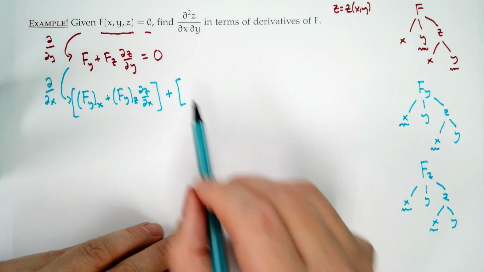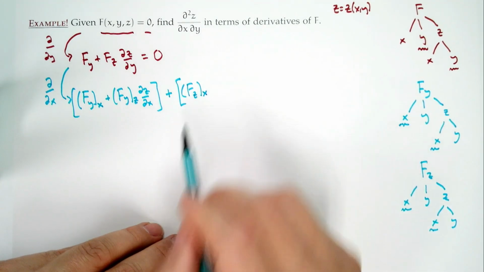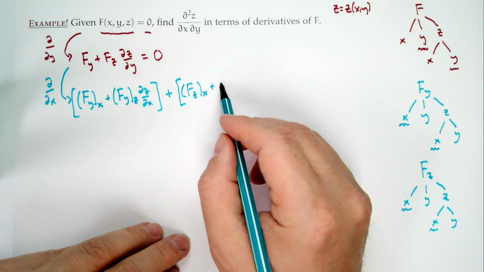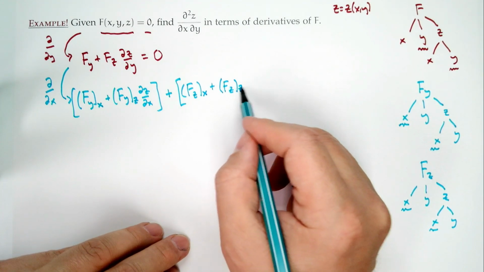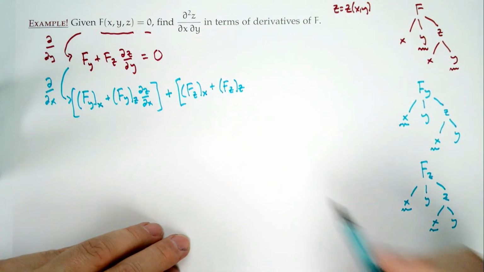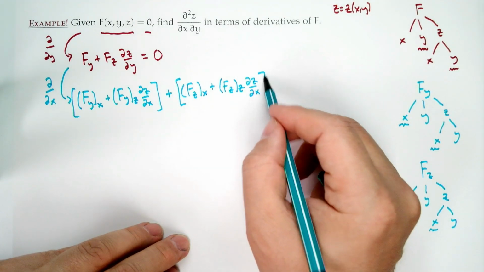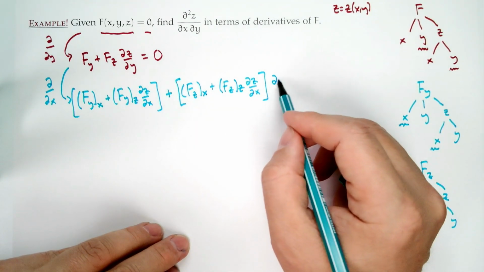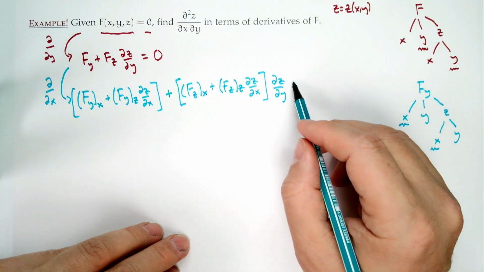So what do we have? Well, it's f sub z with respect to x, this part, plus f sub z with respect to z times partial z partial x. And so that's the derivative of the first term times the second term, partial z partial y.